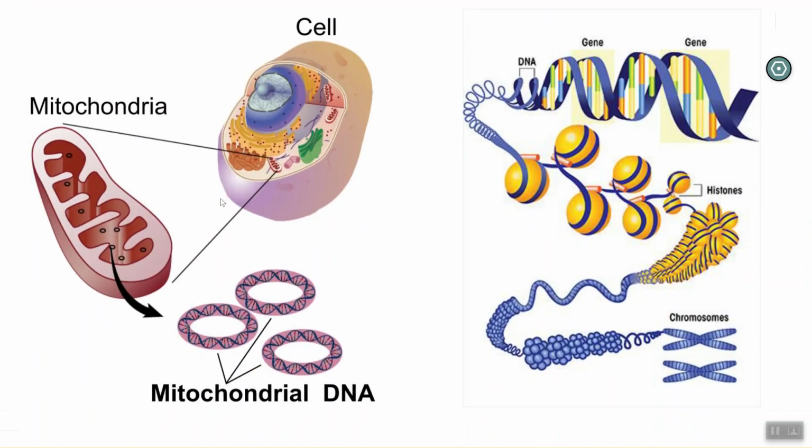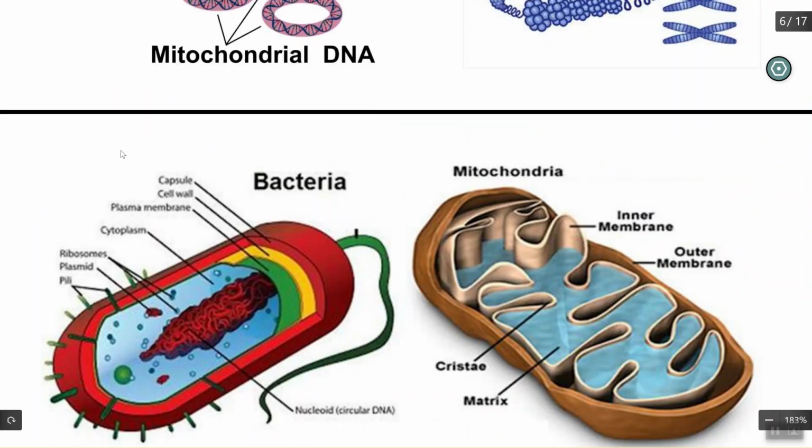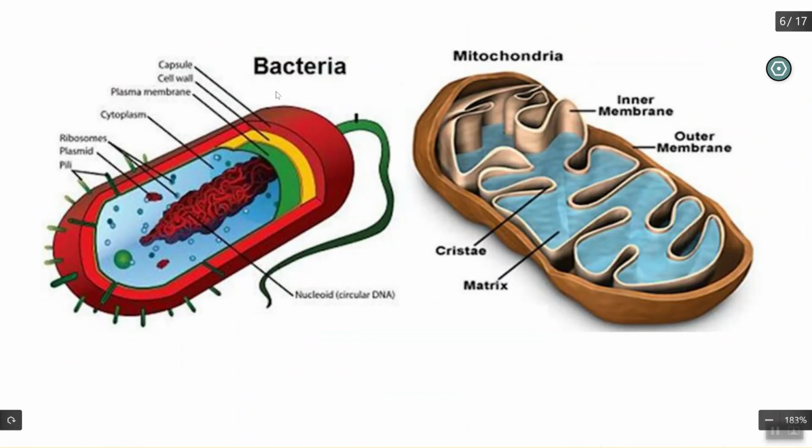Now, what I want to do at this point is jump to one slide. You see this is the bacteria, and this is the mitochondria. What the research shows is that bacteria are mitochondria in our body.